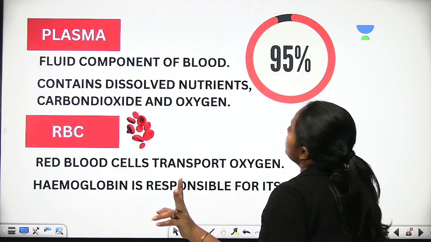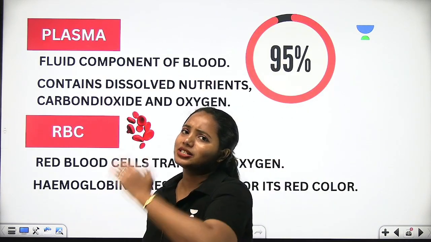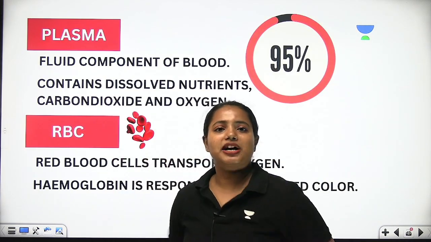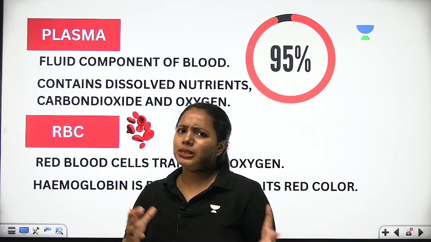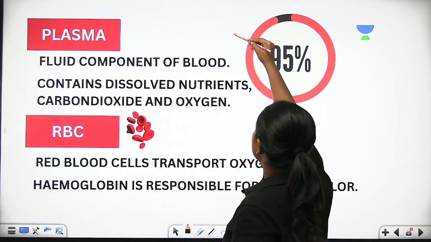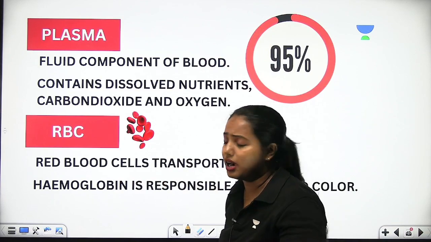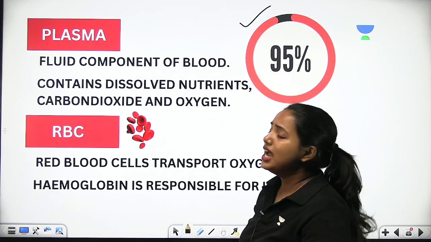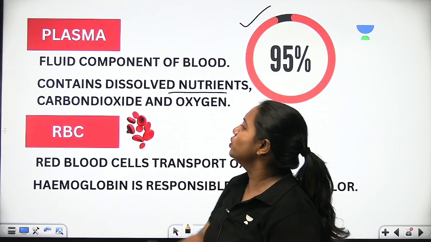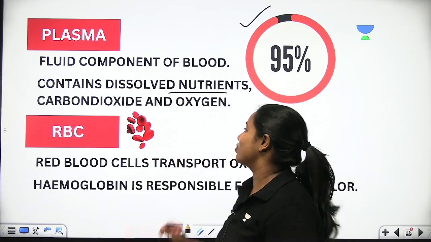Now we are moving towards the next one, plasma in detail. I told you that it's a fluid component. But what is the percentage? 95% of the blood consists of plasma. Please take down, very important. And this consists of dissolved nutrients, carbon dioxide and oxygen.